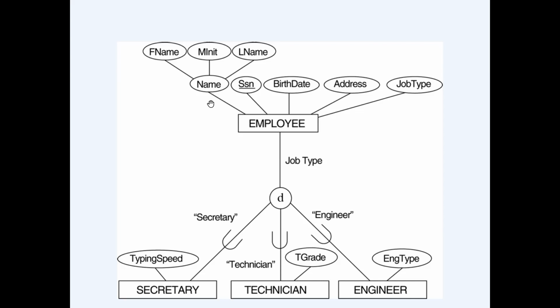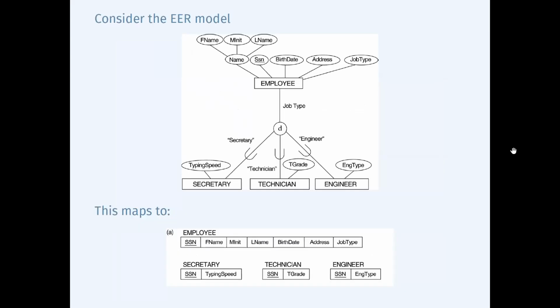The D stands for distinct, which means if you take one particular instance, it could be any of those, like secretary, technician, or engineer. If you have it in this manner, then you can create 4 relations like this.